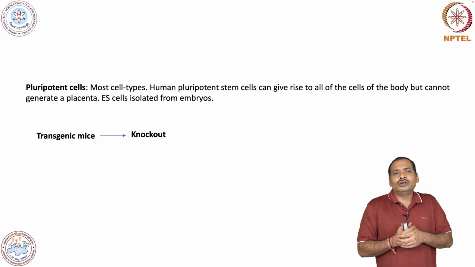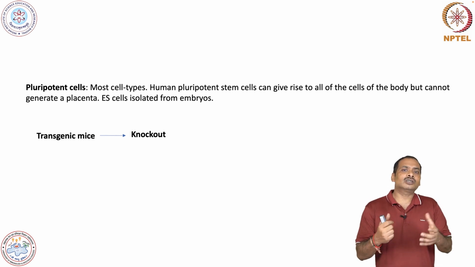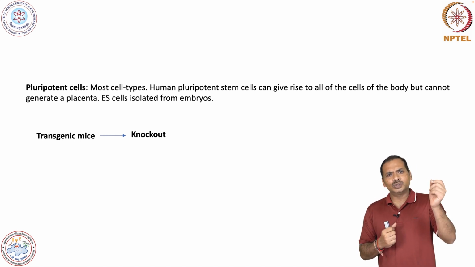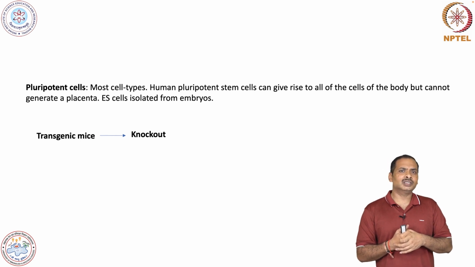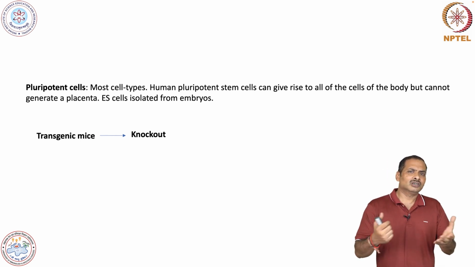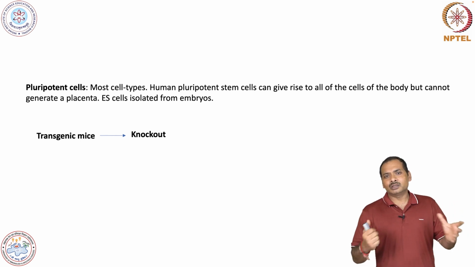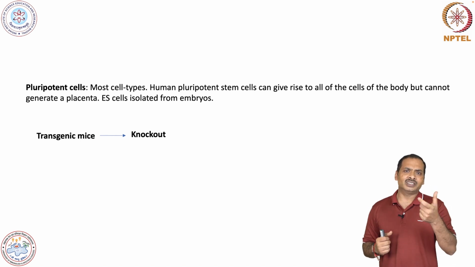I would like to explain that knockout mice is nothing complicated. For example, you discovered some gene, and this gene is playing a very important role in a particular phenomenon. So what you do, using molecular biology techniques, is inactivate this gene.